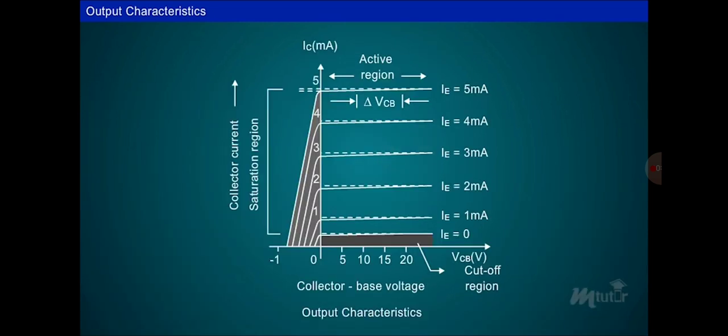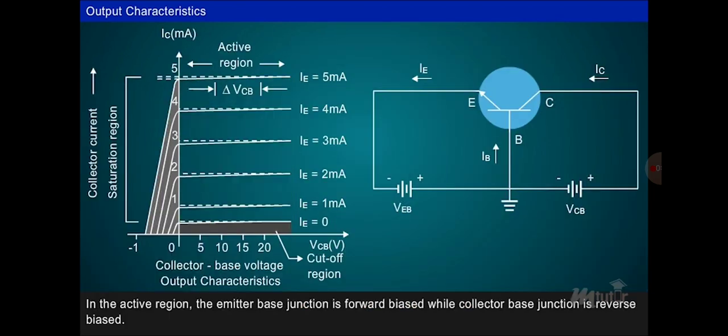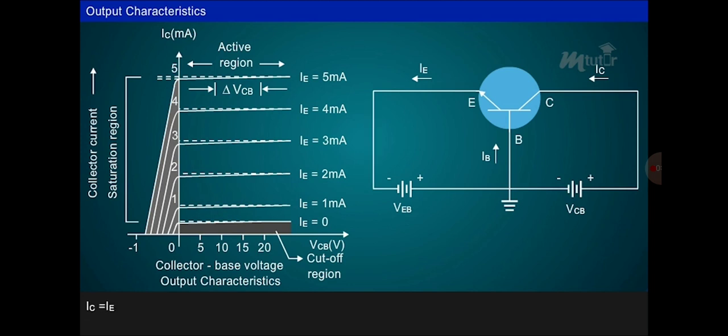The output characteristics have active, cutoff, and saturation regions. For the operation in the active region, the emitter base junction is forward biased while collector base junction is reverse biased. In this region, collector current IC is approximately equal to the emitter current IE and the transistor works as an amplifier.